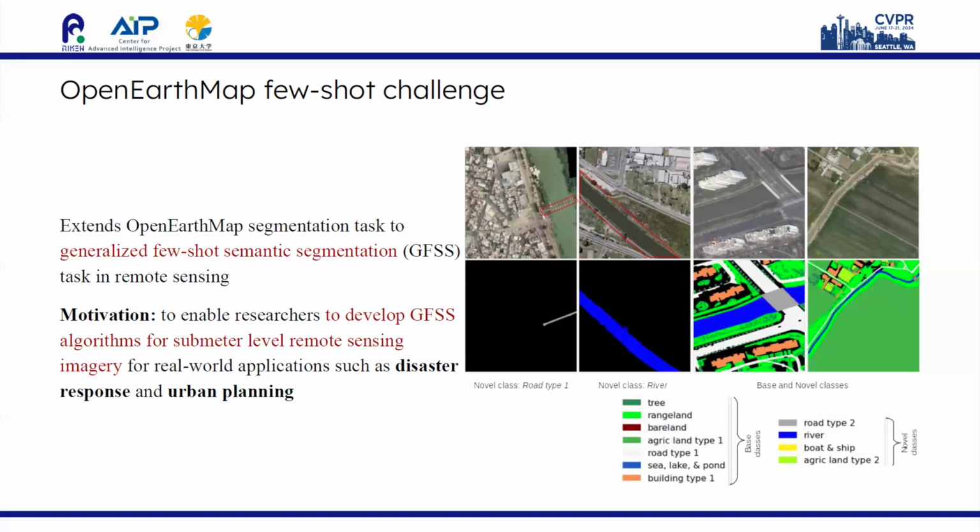And also in disaster response, like the earthquake that happened in, let's say, Turkey, we want to quickly know where the damage has been caused. We need such data, but at that time we don't really have a lot of data, so we need few-shot learning to help in this regard.